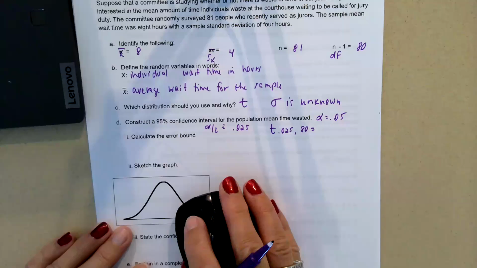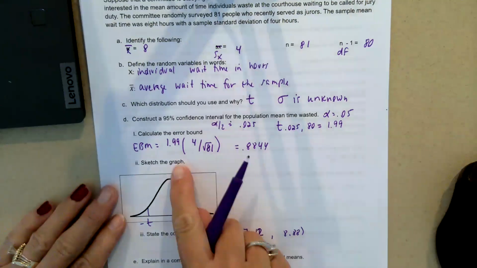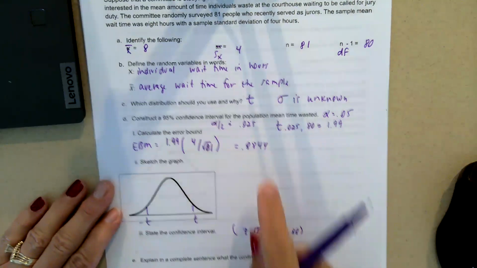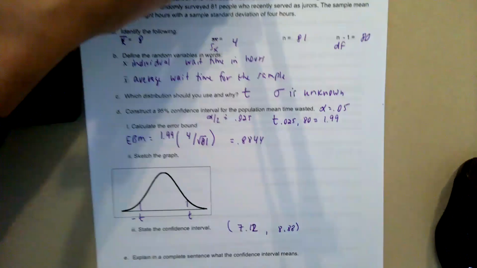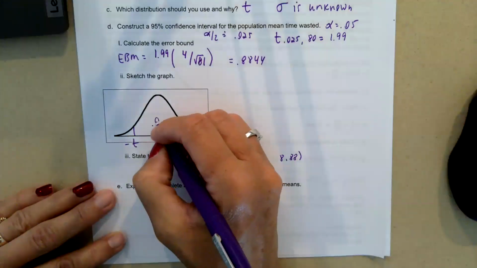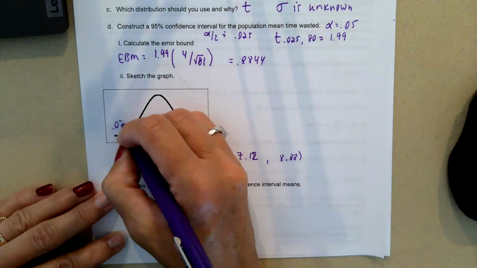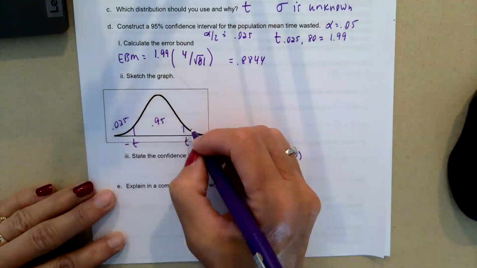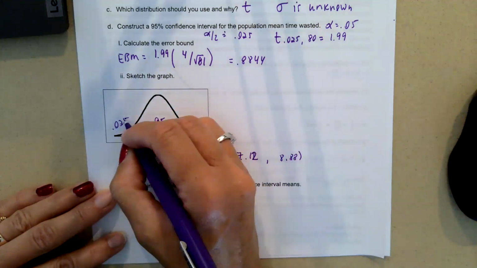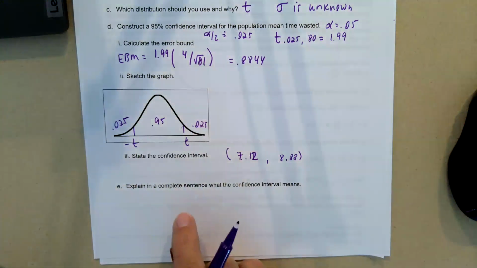So let's wrap this up. So there's our error bound margin. And our graph here is our 95% confidence. So there's 0.025, 0.025. There's our confidence interval.